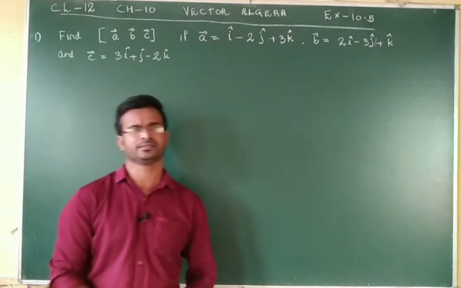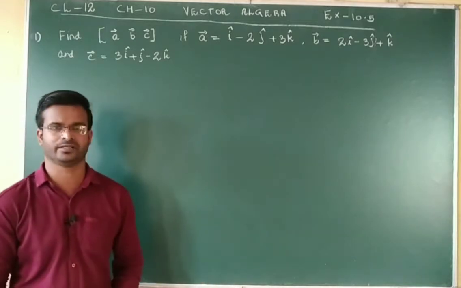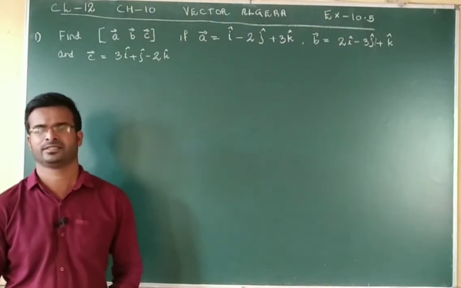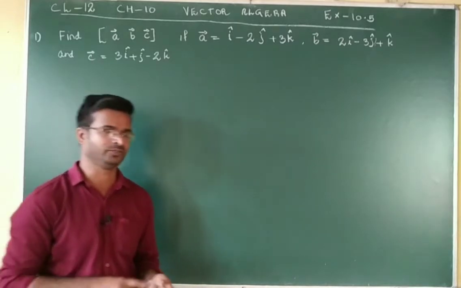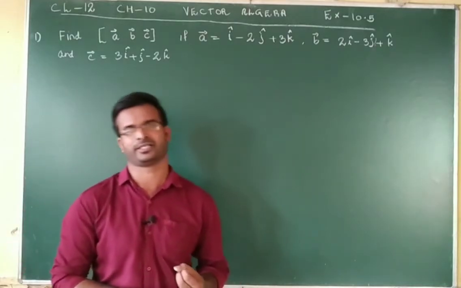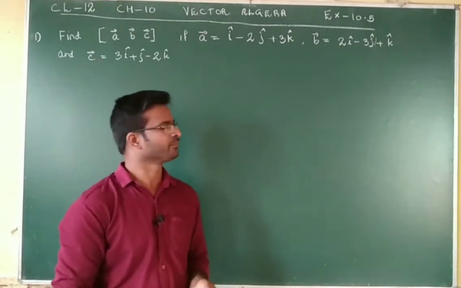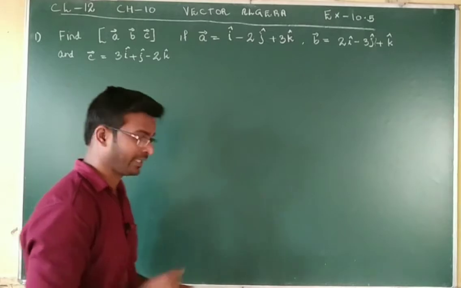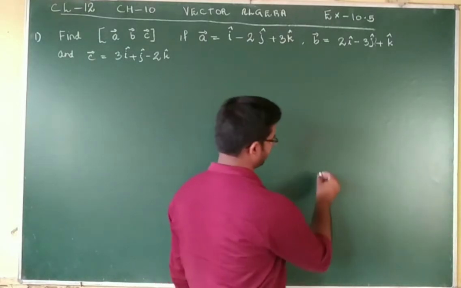In the previous video, the introduction of exercise 10.5, we already discussed what is scalar triple product and how to check whether three vectors are coplanar. Anyway, we can see first what is scalar triple product.